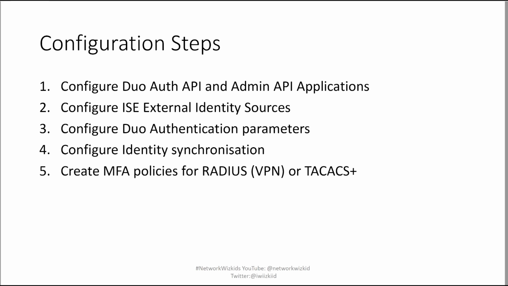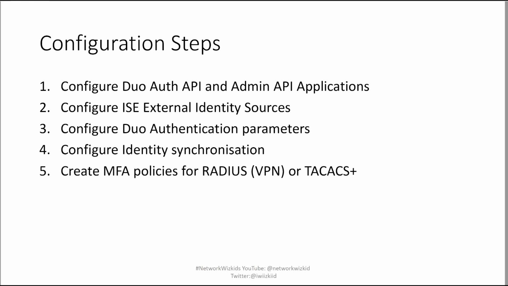The configuration steps are pretty straightforward. I've tried to simplify them into 5 steps. The first one is configuration of the Duo Authentication API and the admin API from the Duo admin panel. Then we would move on to configuring ISE and the external identity sources.